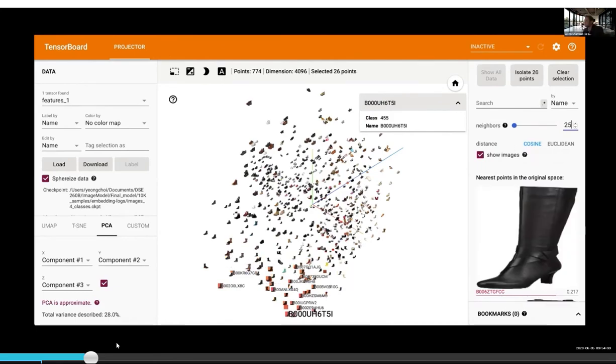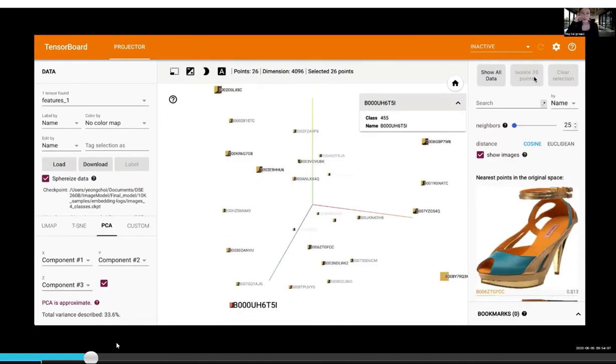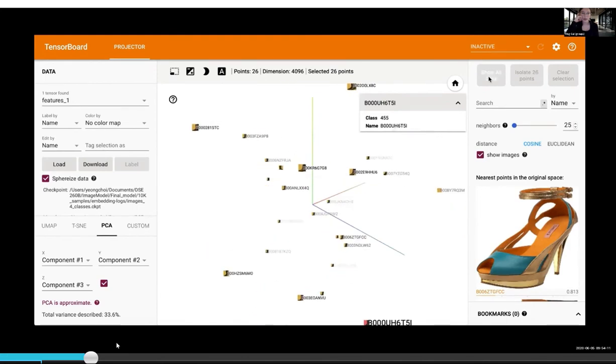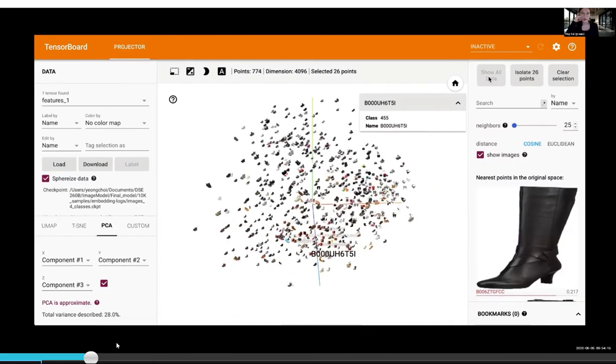It is really helpful for us to have a better understanding of the features. When we isolate these points, it just shows these 26 recommended products, and we can check the distance between the recommended products.